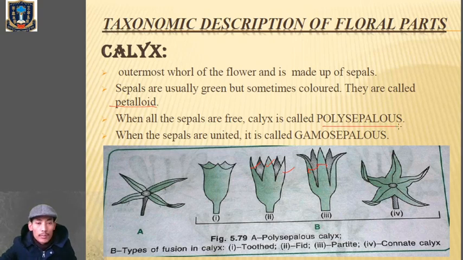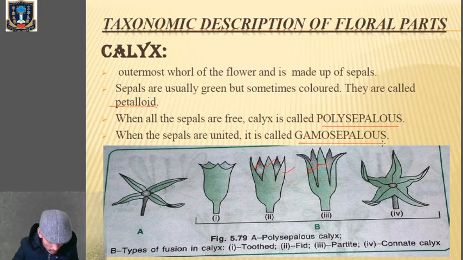But when the sepals are united, then such a type of calyx is called gamosepalous. So polysepalous means the sepals are free from one another, but whenever the sepals are united, it is called gamosepalous. Remember what they mean by polysepalous and gamosepalous.